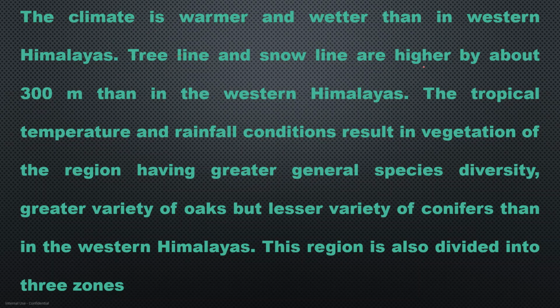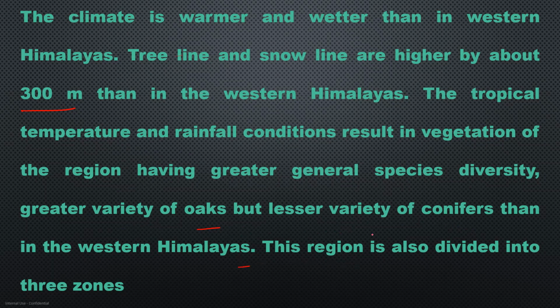Tree line and snow line are higher by about 300 meters than in the Western Himalayas. The tropical temperature and rainfall conditions result in vegetation having greater general species diversity, greater variety of oaks, but lesser variety of conifers than in Western Himalayas.